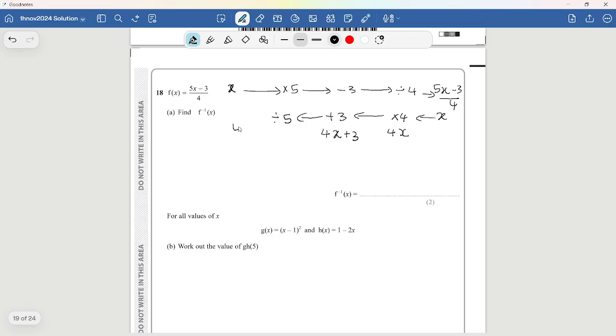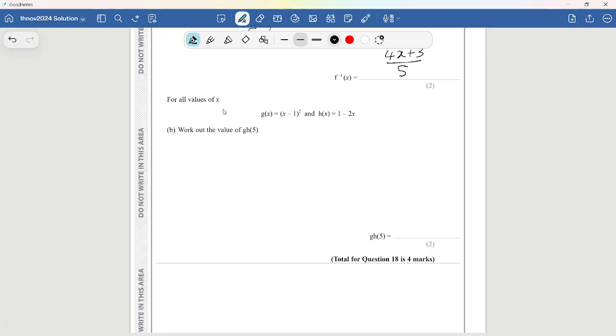So you have to do (4x plus 3) divided by 5. This is your output now. So if x is input from the other way, you get (4x plus 3) over 5 as the output. So that is your reverse function or the inverse function, (4x plus 3) over 5.